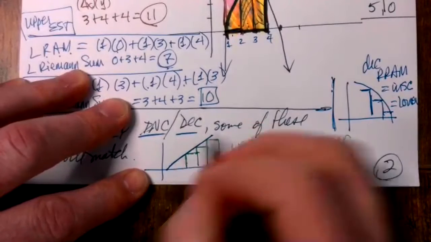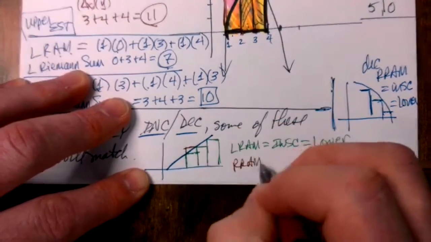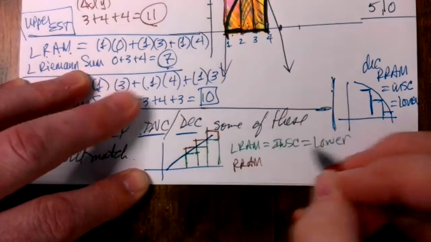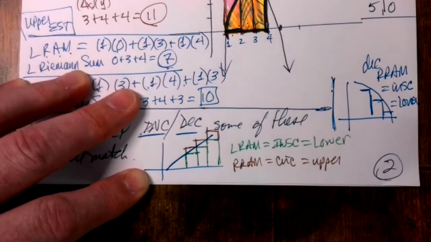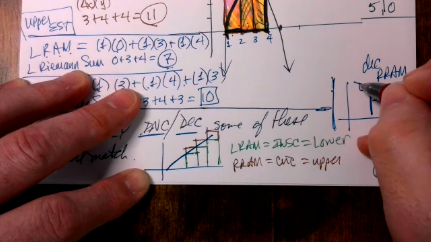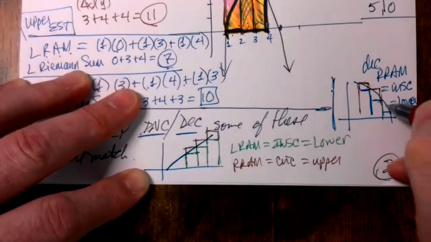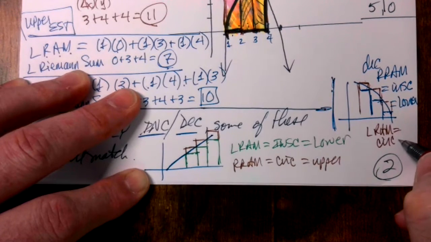So if I had the increasing, then right RAM is the circumscribed, that was funny. Or in other words, the upper. Okay, and then same idea here. If I went left RAM on decreasing, is the circumscribed or upper.